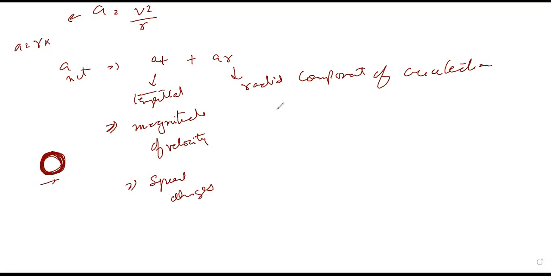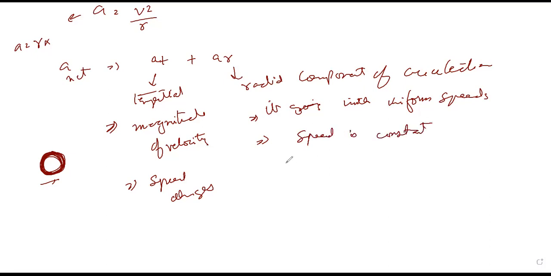But when it is going with uniform speed, it gives the radial acceleration. In radial acceleration, the speed is constant.